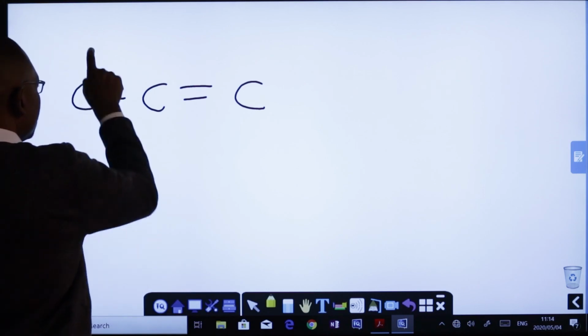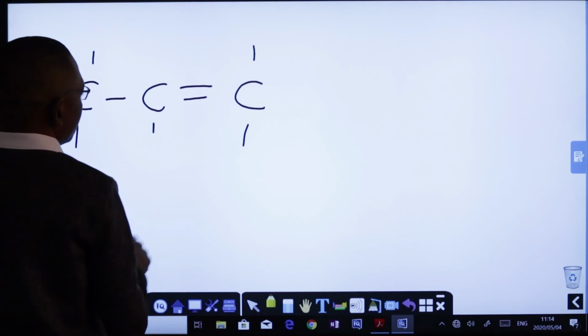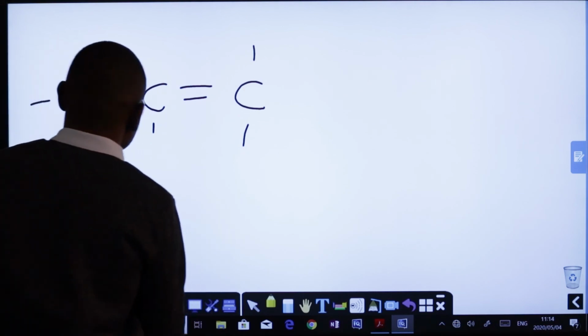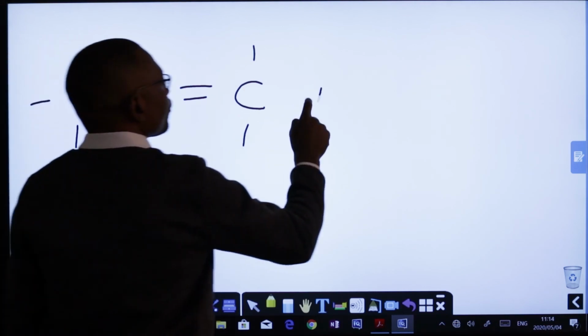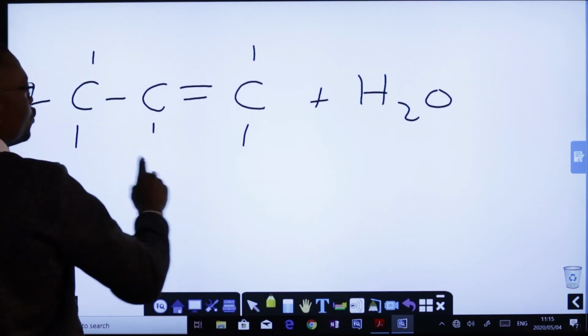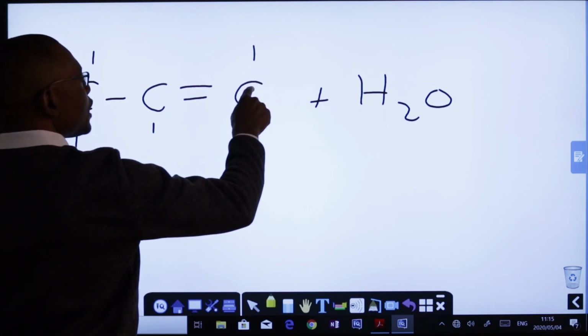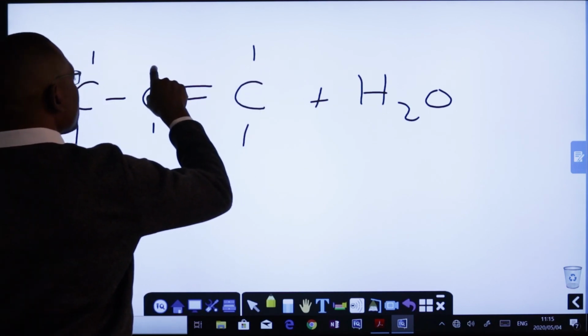So this is going to change to be, so this is how it was looking like, and then if we add water, using Markovnikov's rule, the hydrogen is going to attach here, and then the OH is going to attach there.